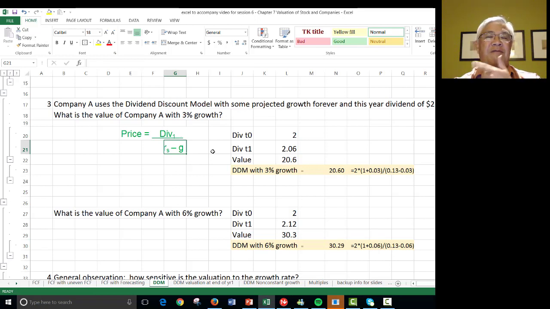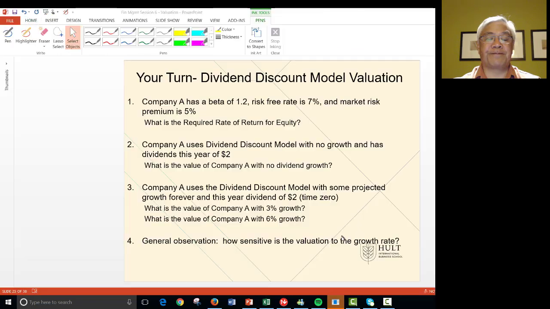And whether you're growing 1% forever or 3% forever seems like nothing, but forever is a long time. And this is what happened here. We started with 3, gave us $20, with 6, gave us $30. So it's an important observation about any time we use this kind of dividend growth model.